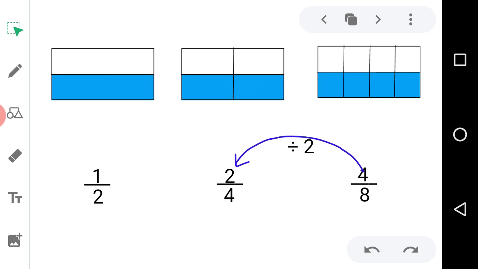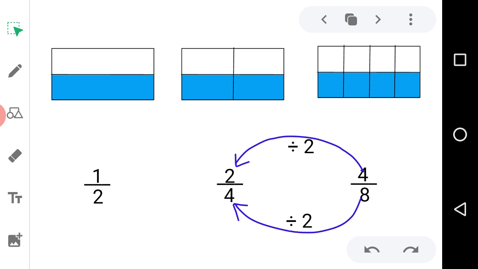Also, if we divide 8 by 2, we get 4. So we get an equivalent fraction not just by multiplying but also by dividing the same number.